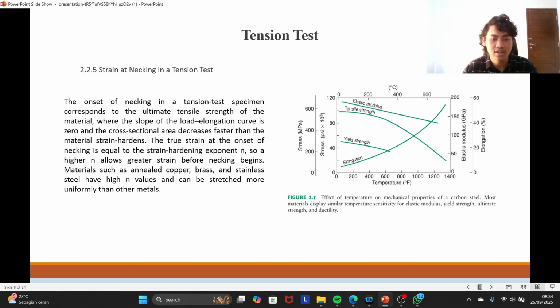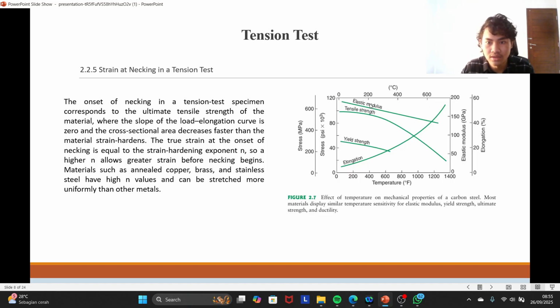The true strain at the onset of necking is equal to the strain hardening exponent n. So a higher n allows greater strain before necking begins. Materials such as annealed copper, brass, and stainless steel have high n values and can be stretched more uniformly than other metals.